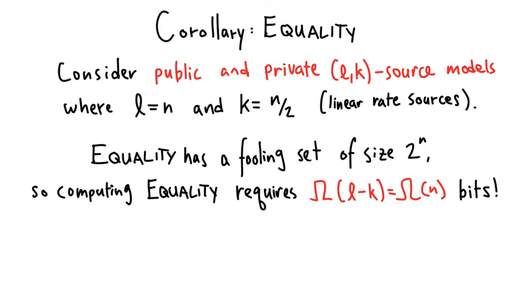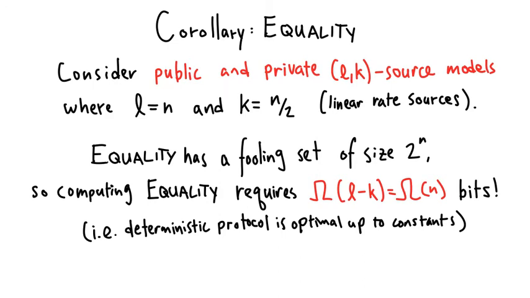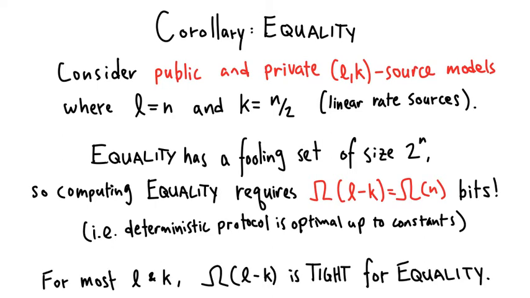But because equality admits a fooling set of size 2 to the n, this lower bound says that computing equality effectively requires the entropy deficiency, which is linear in n. So it's no better than the deterministic protocol. You have all of this entropy available to Alice and Bob, but it doesn't help them at all.